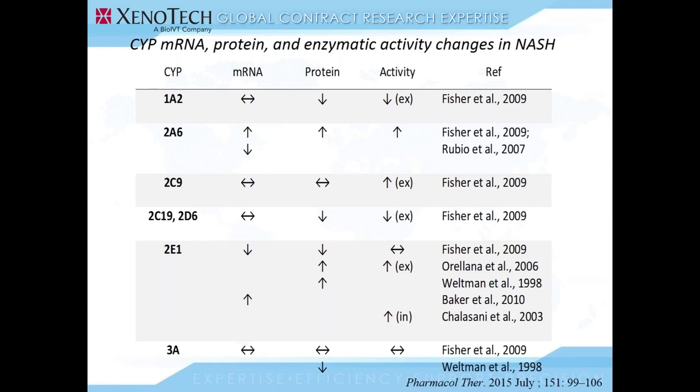CYP3A4 activity was found reduced in human studies, as we discussed earlier, and this observation seems to be supported by Weltman, but again, not by Fisher. This illustrates the difficulty of drawing conclusions from mRNA, protein, and microsomal activity data from cryopreserved tissues that will correctly reflect the in vivo human effects of this disease on drug disposition.